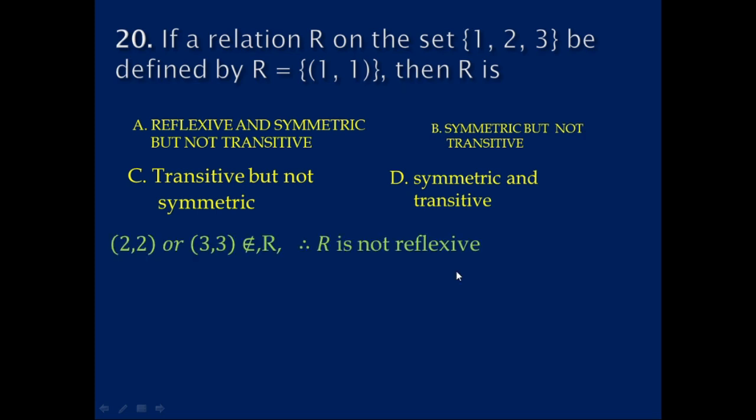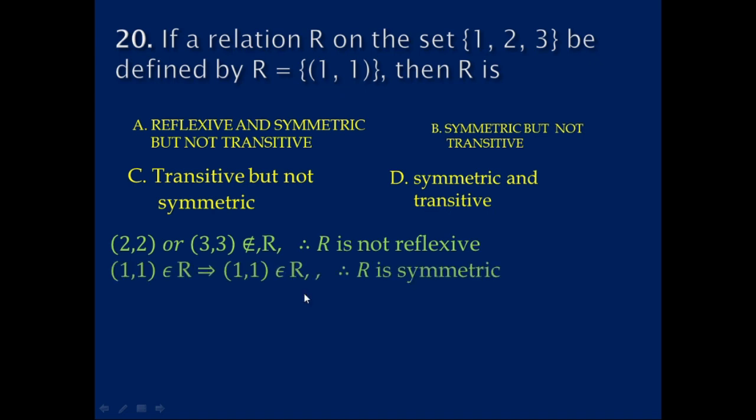Verifying reflexive, symmetric and transitive, but directly you can say that 2 belongs to A and 3 belongs to A, but (2, 2) and (3, 3) do not belong to R. Therefore, R is not reflexive. Therefore, the first option is not true. It's clear? The next, here you know that (1, 1) belongs to R.